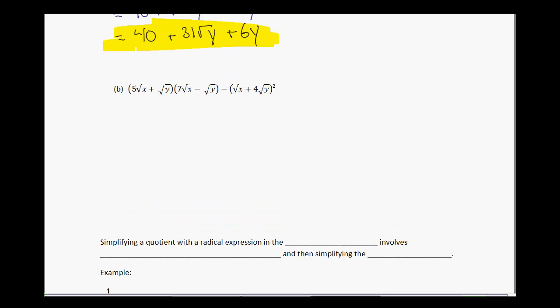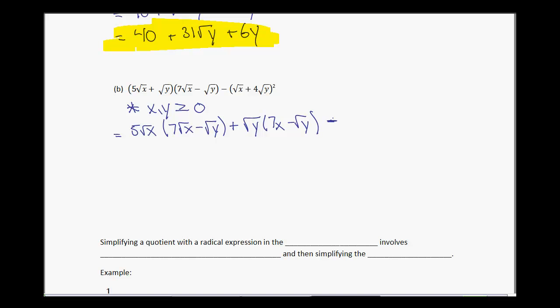Here we have two variables, root x and root y. So for what values are these variables defined? x and y both have to be greater than or equal to 0 in this case. Going ahead, we have 5 root x onto 7 root x minus root y, plus root y onto 7 root x minus root y.